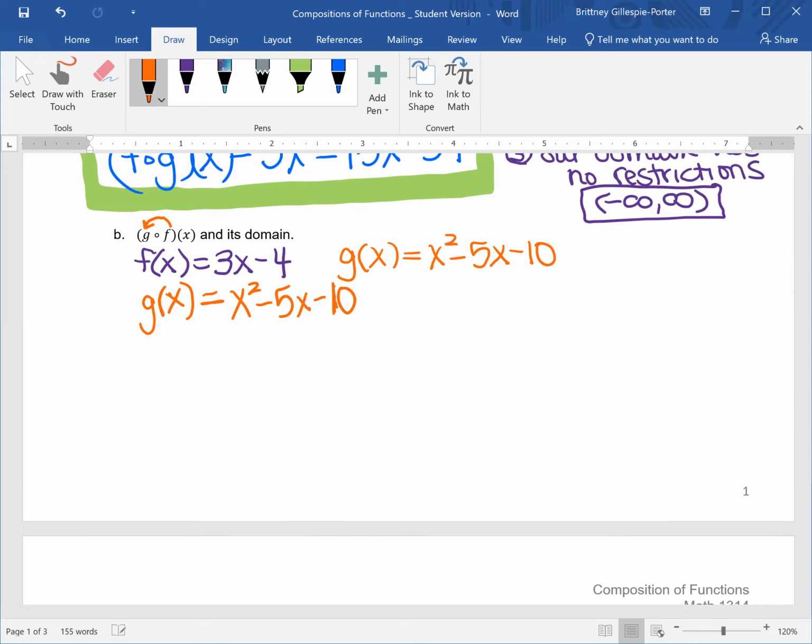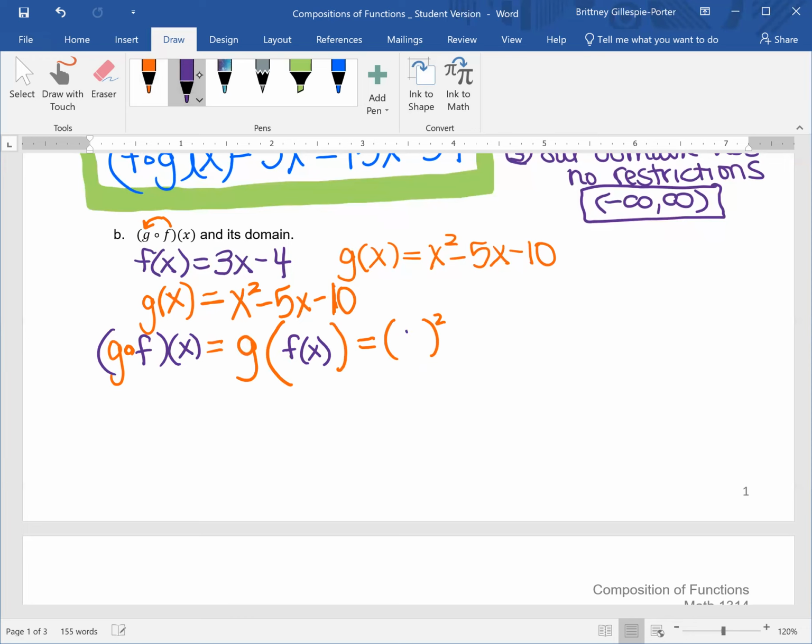But remember, if we're plugging in g composed with f of x, that means that we are going to have g, and we're going to plug in f of x. So instead of g of x, whenever we have x squared, we're going to have f of x squared.